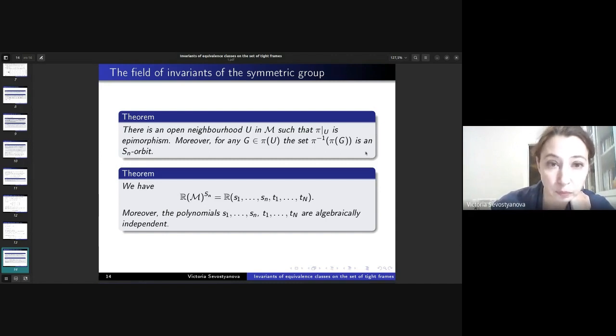So we have that the field of invariants of the action of the symmetric group on symmetric matrices is a free field of polynomials in S and T. Besides, these polynomials are algebraically independent.